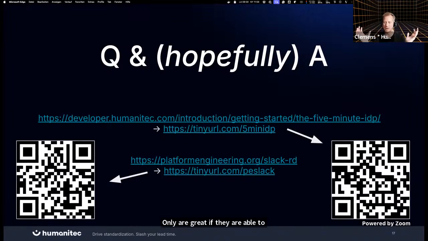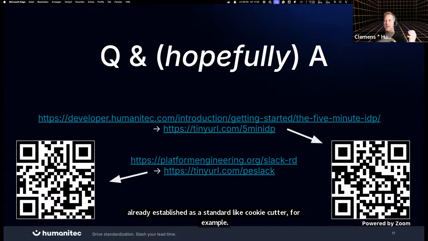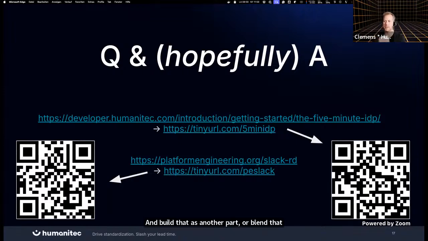So it's not a hard job for you to configure them, and it would be hard for us to establish the next standard. So we don't do that. We expect you to use a scaffolding framework that is already established as a standard, like Cookiecutter, for example, and build that as another part or blend that as another part into the platform that you're building. And then you have the same capability.